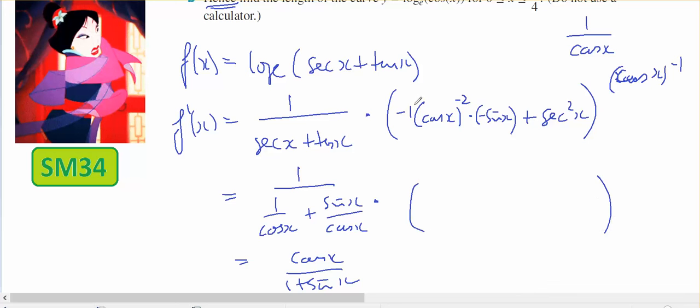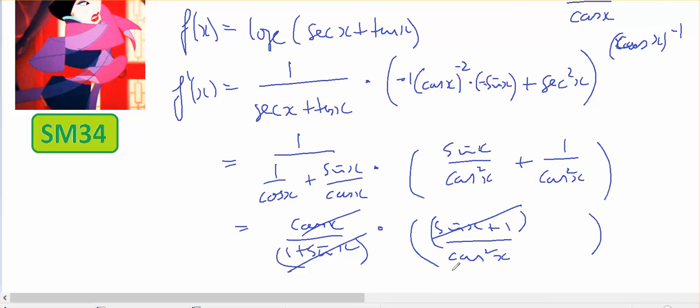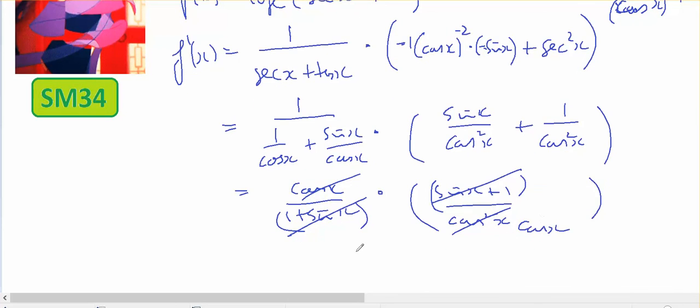And here I've got negative times the negative, so I've got sine of x on cos of x squared plus 1 on cos of x squared, which is the same as sine of x plus 1 on cos of x squared, and this cancels with this, and this cancels with one of those to leave me with 1 on cos of x as being the derivative.